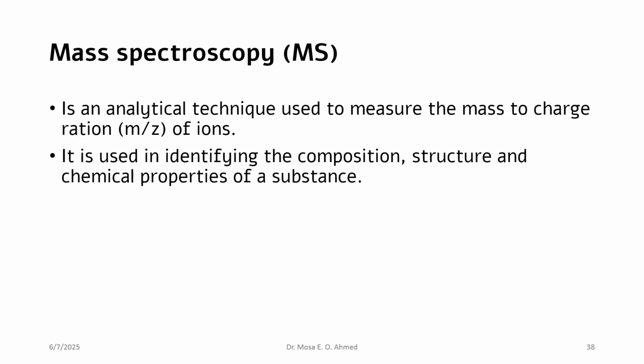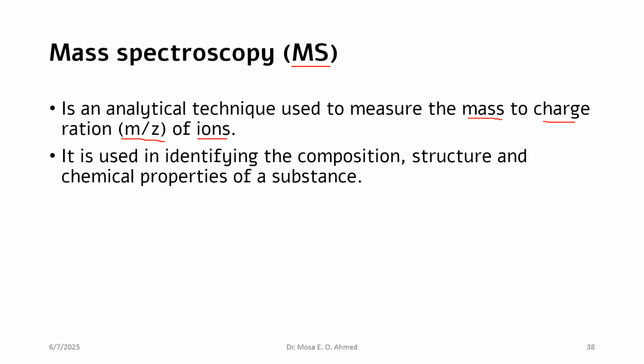The last spectroscopic method used for structure elucidation is mass spectroscopy or mass spectrometry, known as MS. It is considered an analytical technique used to measure the mass to charge ratio of ions, and mass to charge ratio is reported as m divided over z: m for mass and z for the charge.